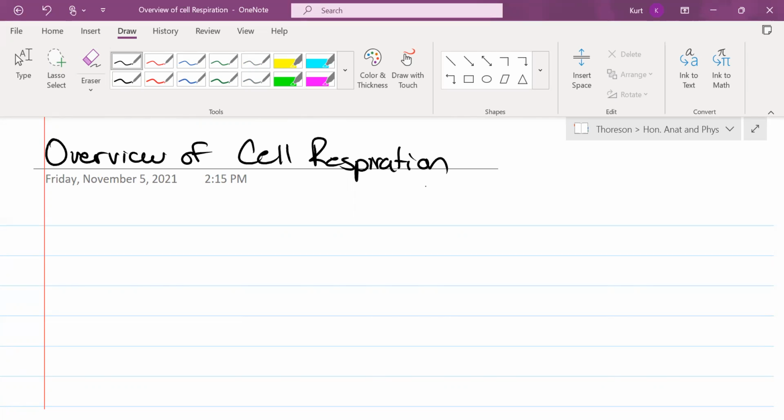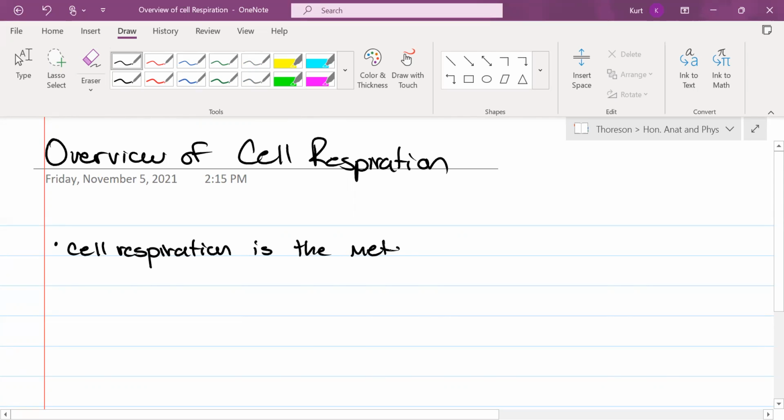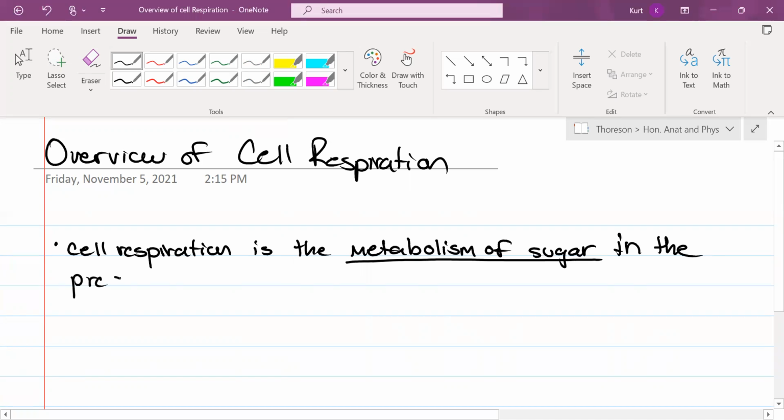All right. Cell respiration is the metabolism of sugar in the presence of oxygen to produce ATP. The metabolism of sugar in the presence of oxygen to produce ATP.